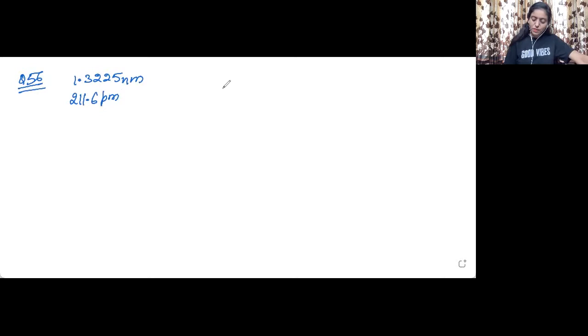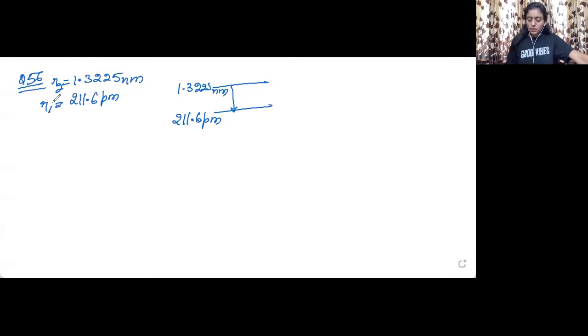We have been given that the electron is jumping from a higher energy level to the lower energy level. The radius of the lower energy level is 211.6 picometer and higher energy level is 1.3225 nanometer. So I will take this as R2, this as R1.